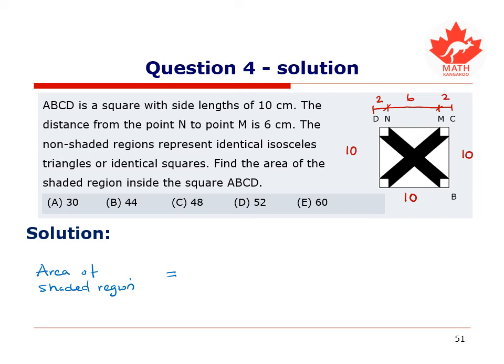We can think of this shaded region as really the difference between the area of the square minus the non-shaded regions, where the non-shaded regions are the areas of the corner squares plus the 4 isosceles triangles.